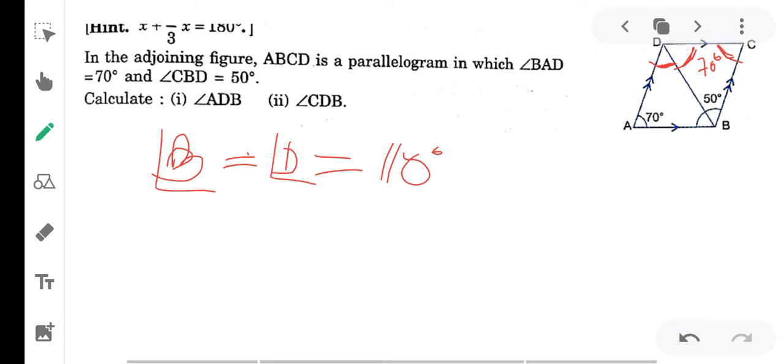Because these two are 140, the sum of angles B and D will be 360 minus 140, that will be 220. So angle B and angle D will be 110 degrees each. Now this angle B is 110.